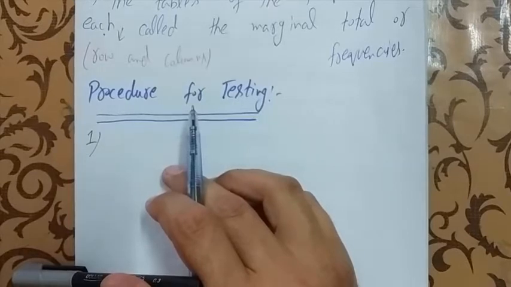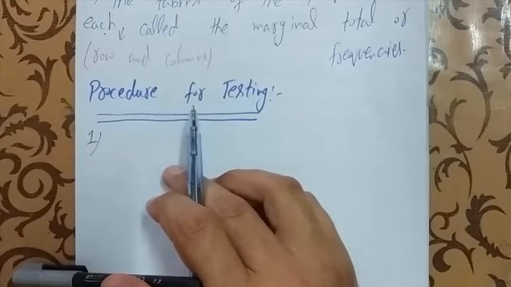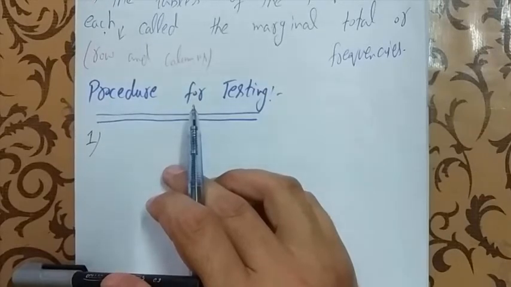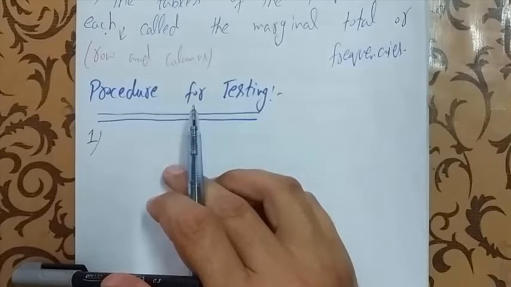In the second step we choose the significance level. In the third step we choose the test statistic, which may be different from procedure to procedure. This test statistic is different for chi-square, for contingency, for goodness of fit and any other test.